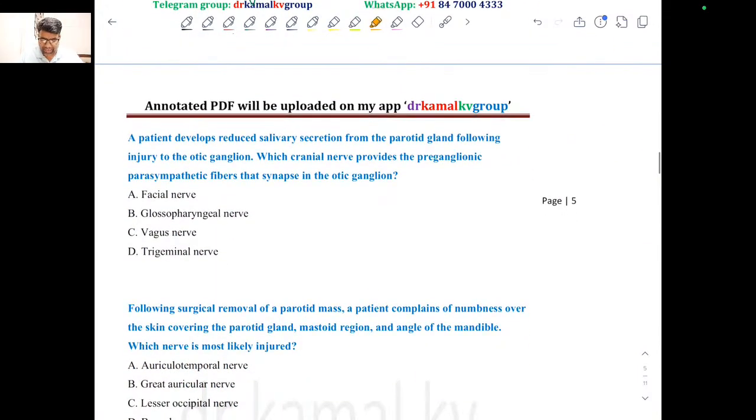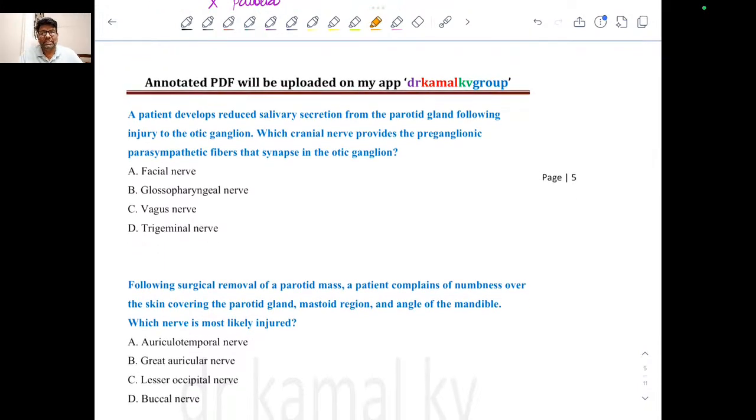Now the next question is actually a NEET PG question and slightly difficult, but let us see. A patient develops reduced salivary secretion from the parotid gland following injury to the otic ganglion.